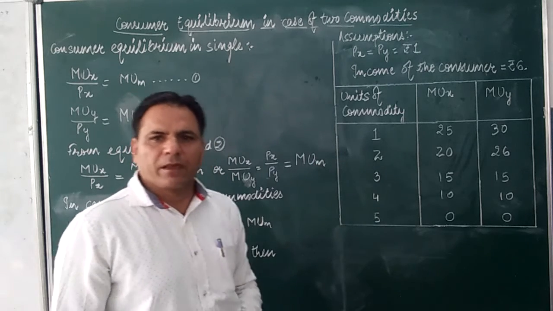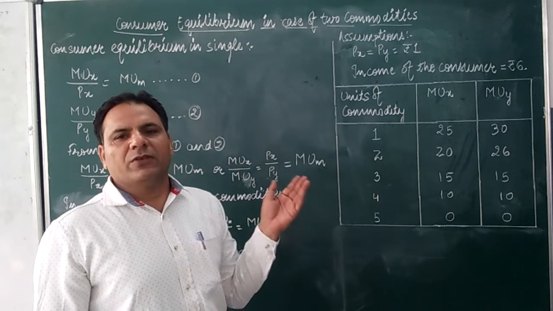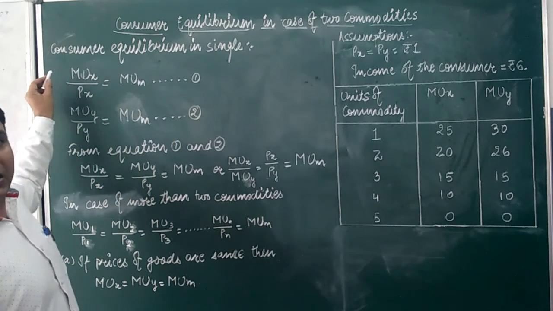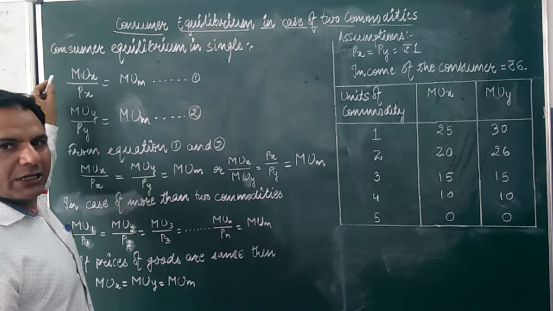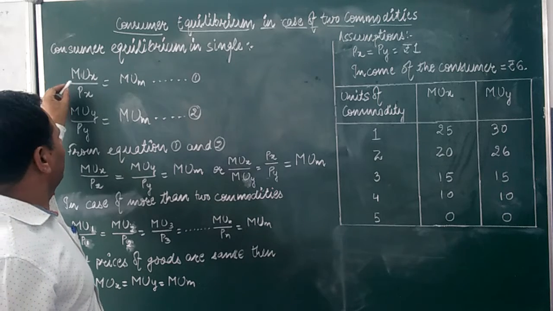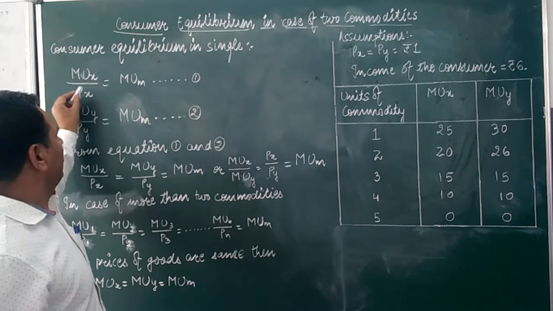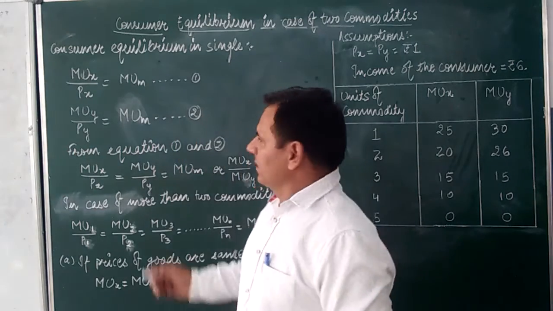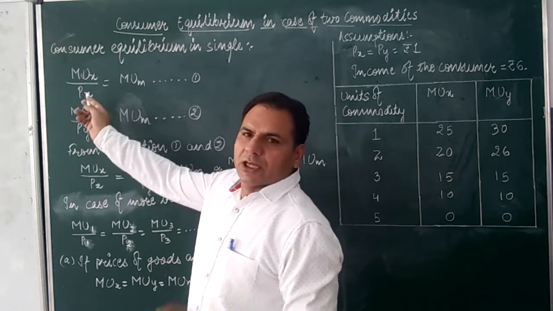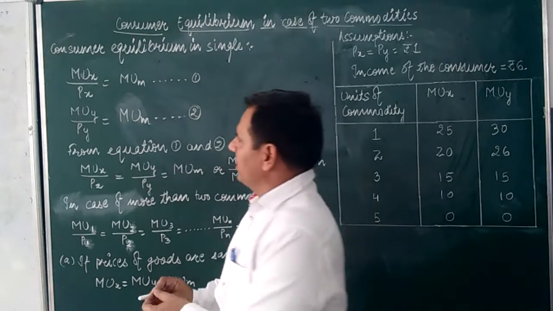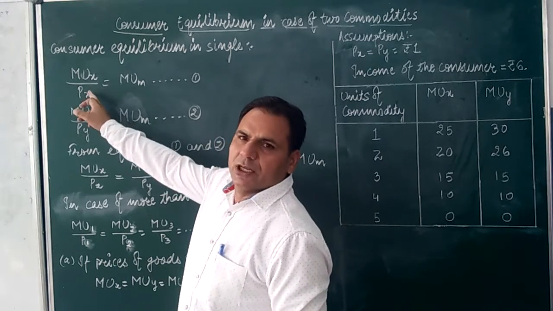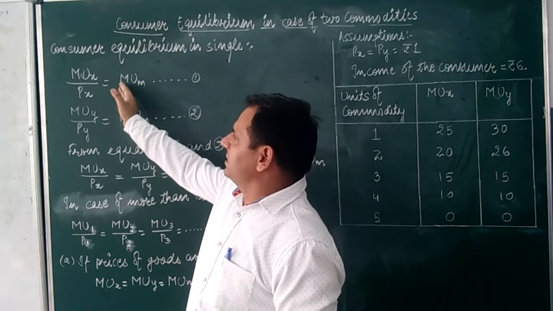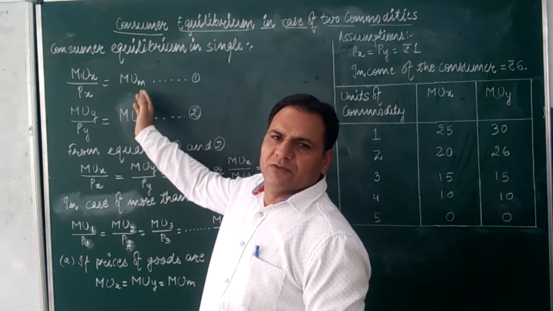Dear students, in my previous video, we discussed that the consumer is in equilibrium if commodity x is used. It means the consumer will be in equilibrium if the marginal utility obtained from commodity x upon its price is equal to the marginal utility of money.